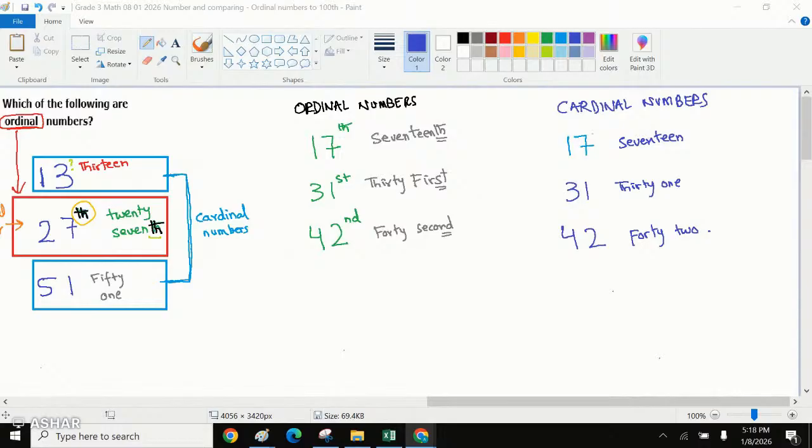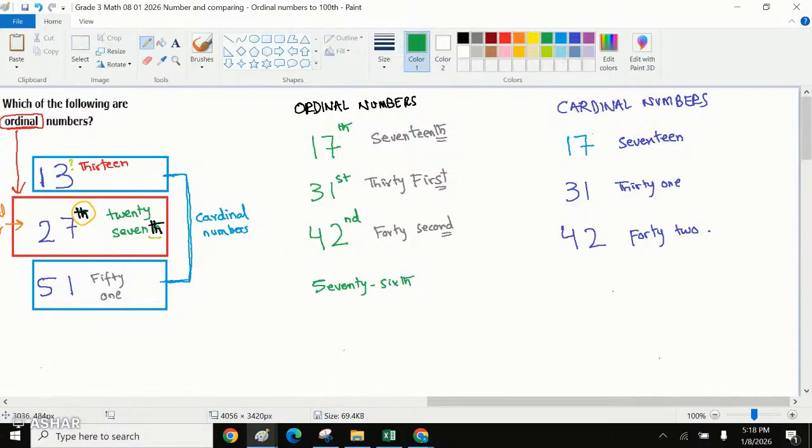Let's see what else we have as a cardinal number. If I would use words, another example we had was 70, okay, sorry, seventieth, 70th.